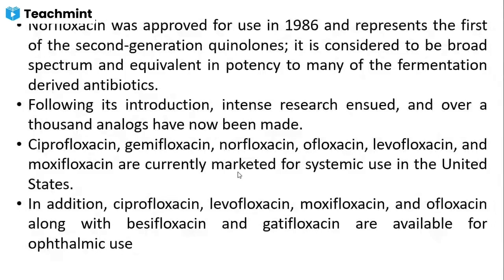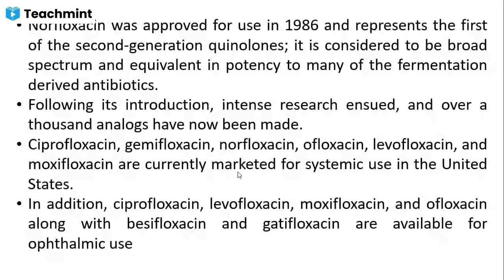Norfloxacin was approved for use in 1986 and represents the first of the second generation quinolones. There is only one drug in the first generation quinolones, nalidixic acid, which was later discontinued because of little activity towards gram-negative organisms. They then did the substitution at the sixth position of the quinolone ring and observed greater biological activity as an antibacterial agent.